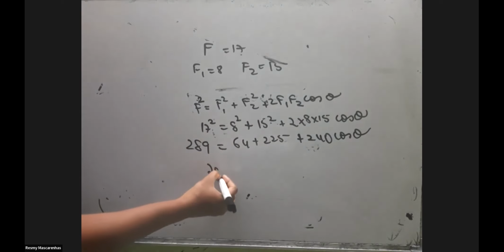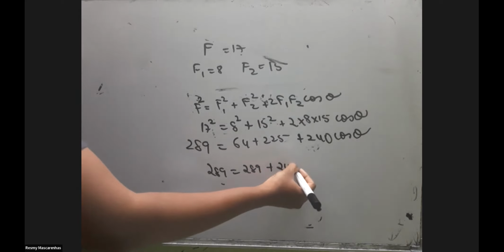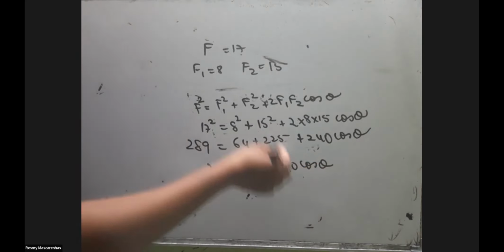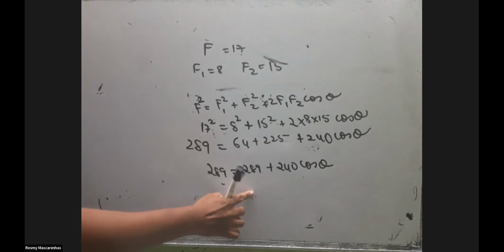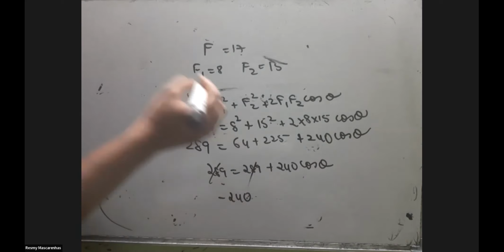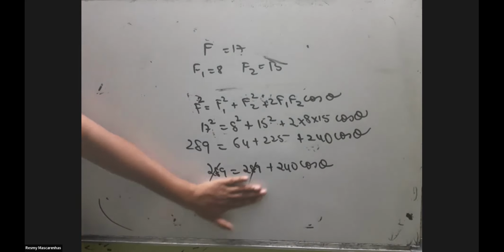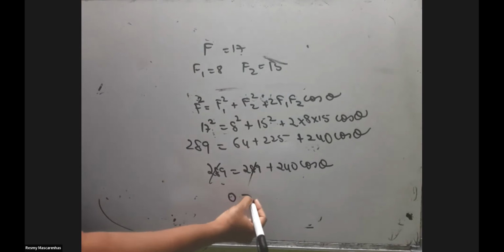This will give me 289. So this and this anyways will cancel. Oh, sorry, it's not minus. This is 0.